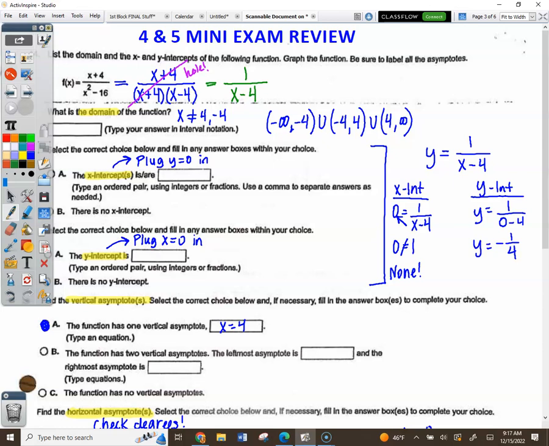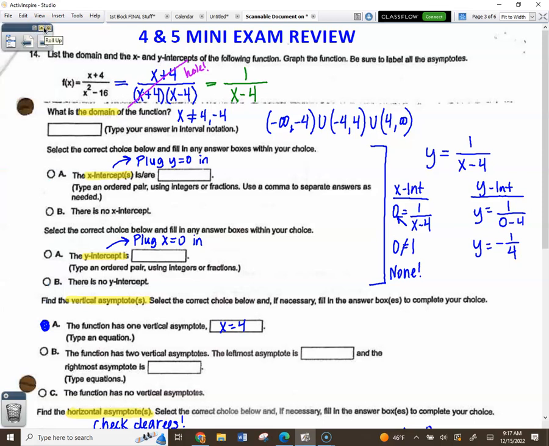So, how do you write your answers over here in the boxes? Well, here for x-intercept, you'd say there's not one. And for y-intercept, they want you to write the ordered pair, which means parentheses, number, comma, number, close parentheses. I plugged 0 in for x, I got negative 1/4.